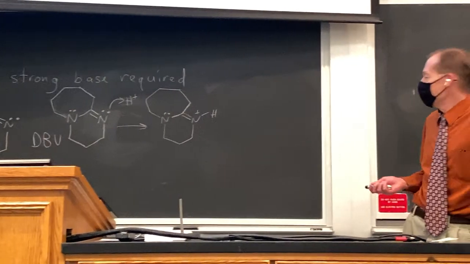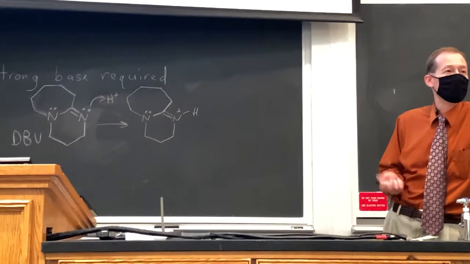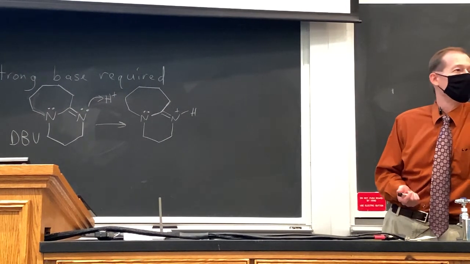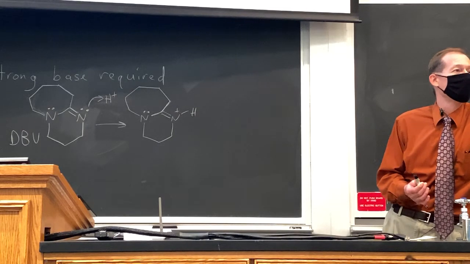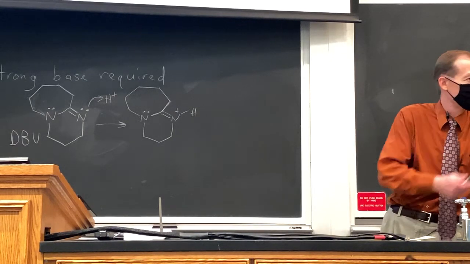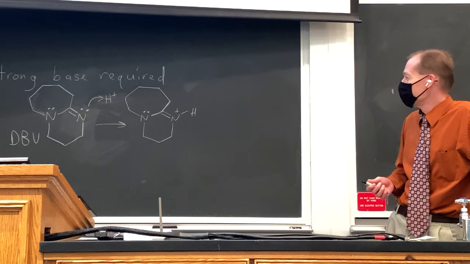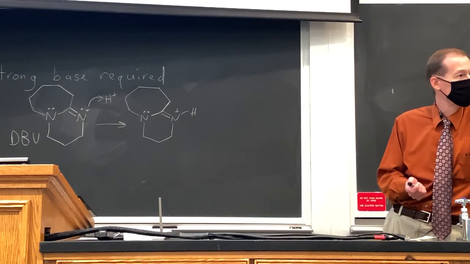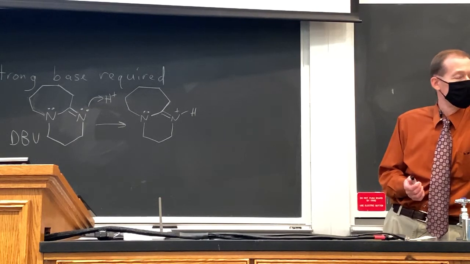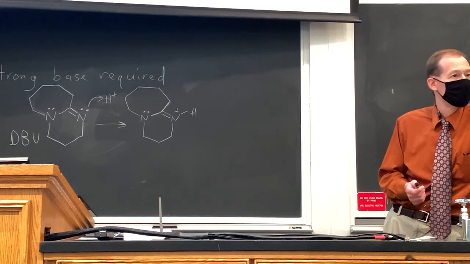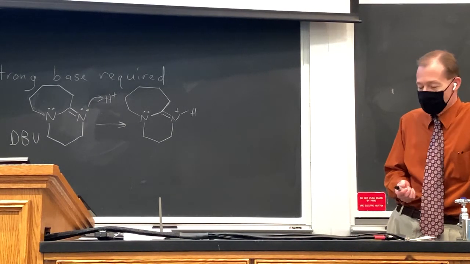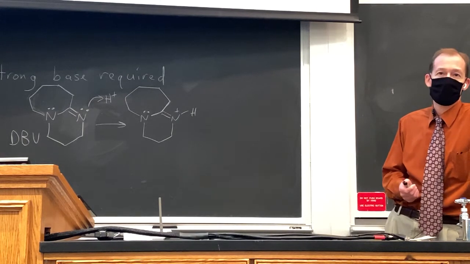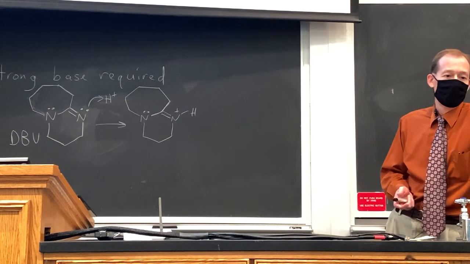Is there something about this conjugate acid that you notice? Is there something that we can do with this conjugate acid? Yes? It should provide more electron flow to balance the charge. Okay.